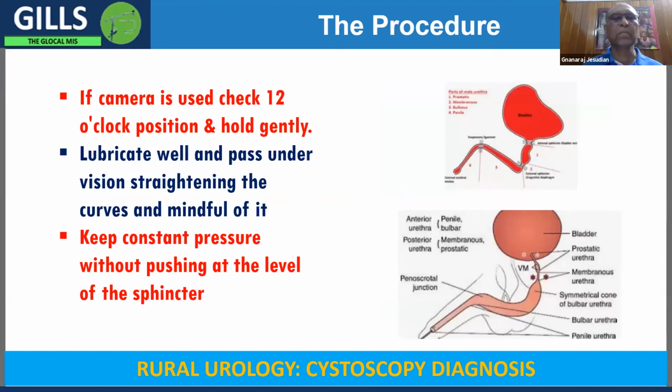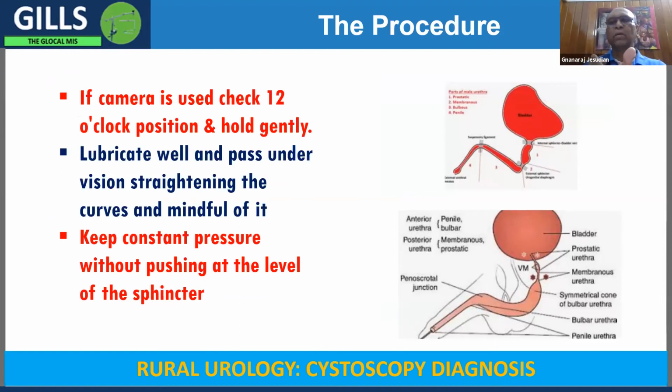And if you're using a camera, it's important to make sure that the 12 o'clock position is placed correctly. So normally what we do is with the left hand, we hold the camera with the 12 o'clock right on top. And then you can rotate the scope either this way or that way to look at the 3 o'clock or 9 o'clock position and the varying levels.